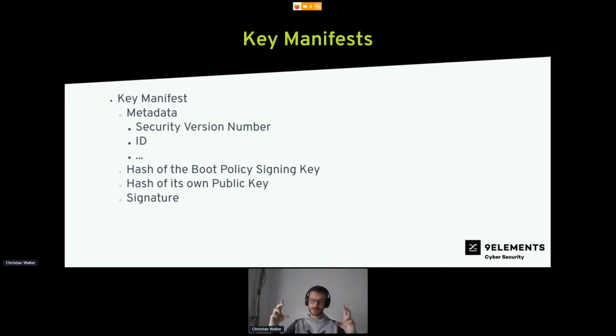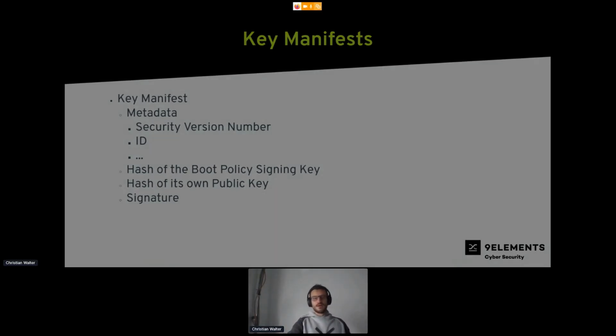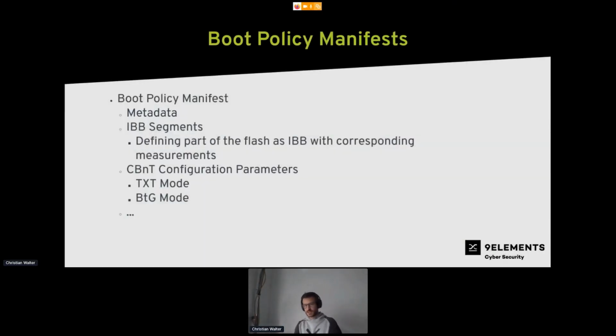They are binary structures, and they have a signature appended to them, which verifies the integrity of that binary structure. The key manifest itself contains the hash of the public part of the boot policy signing key, and has a hash of its own public key in there and a signature.